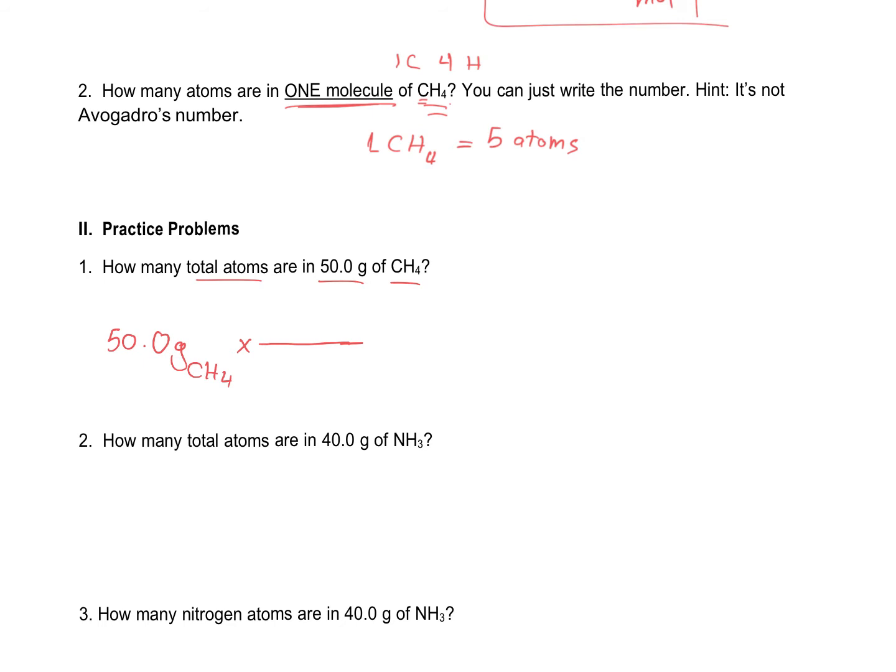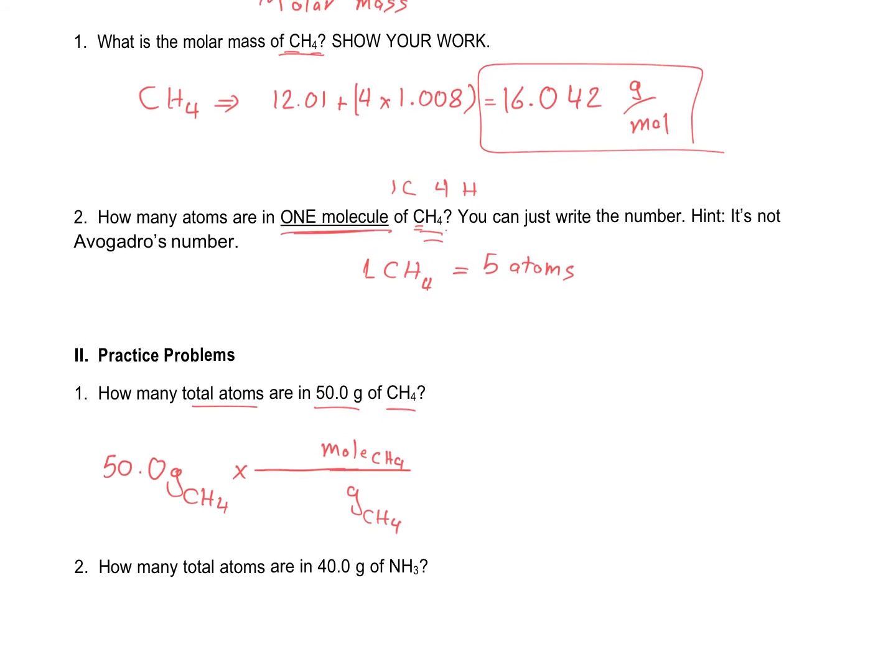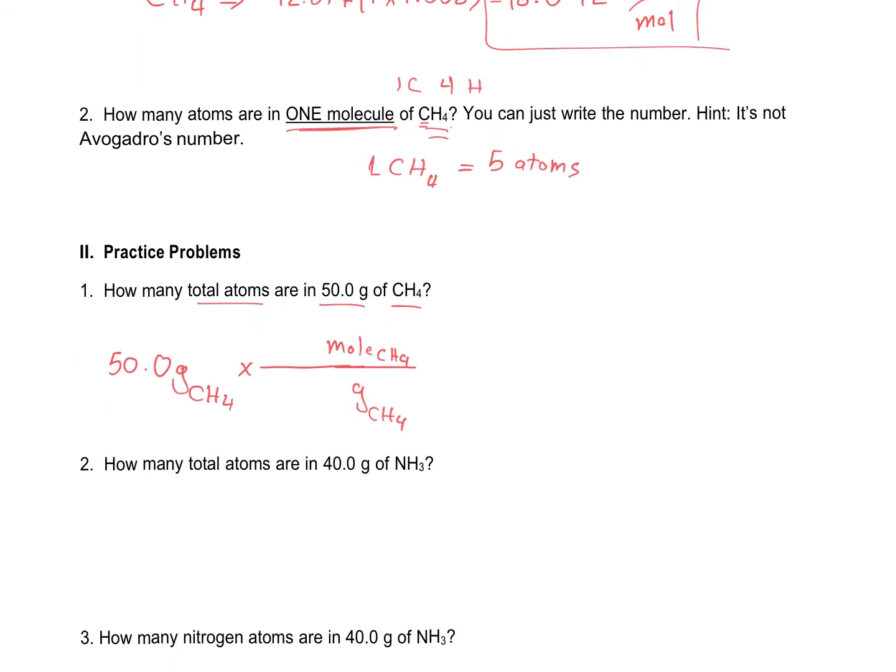And what quantity do we use? Molar mass. We have gram on top, so I put the gram on the bottom so we can get rid of that. Gram of CH4, mole of CH4. And we just find the molar mass of CH4, which is 16.042. So 16.042 gram is 1 mole.